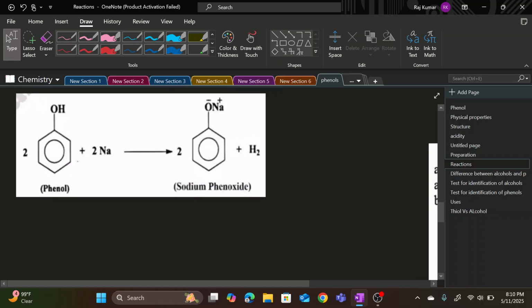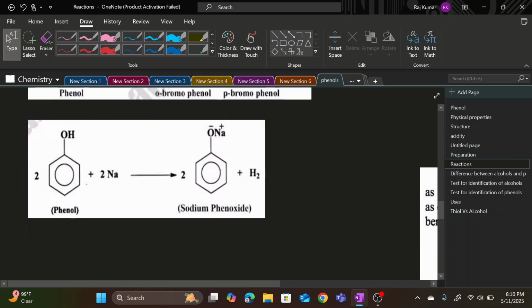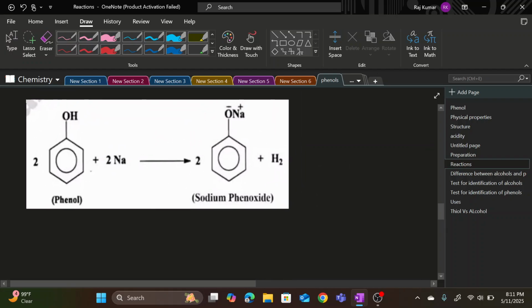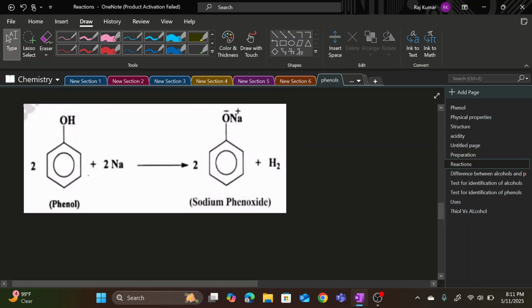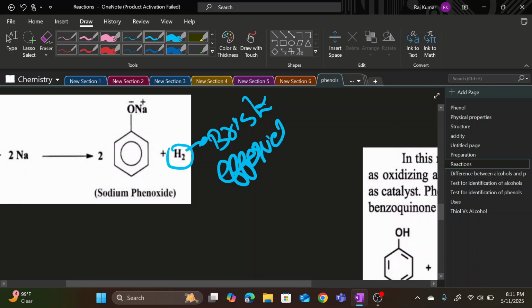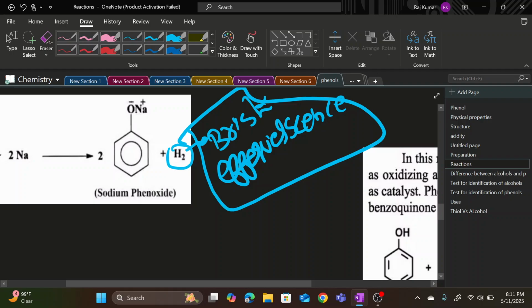Now there is another very important reaction, which is the reaction of phenol with sodium. Whenever phenol reacts with sodium, it evolves hydrogen gas and produces sodium phenoxide. This hydrogen gas shows up as brisk effervescence.